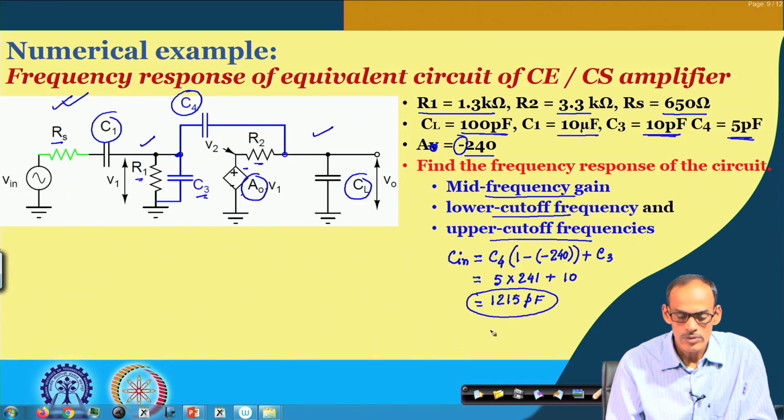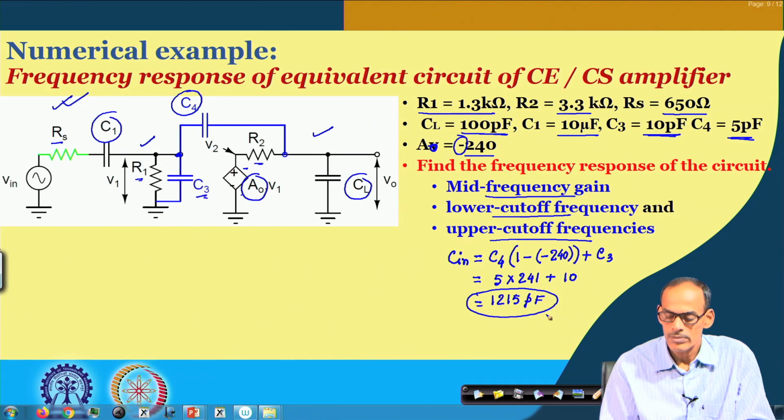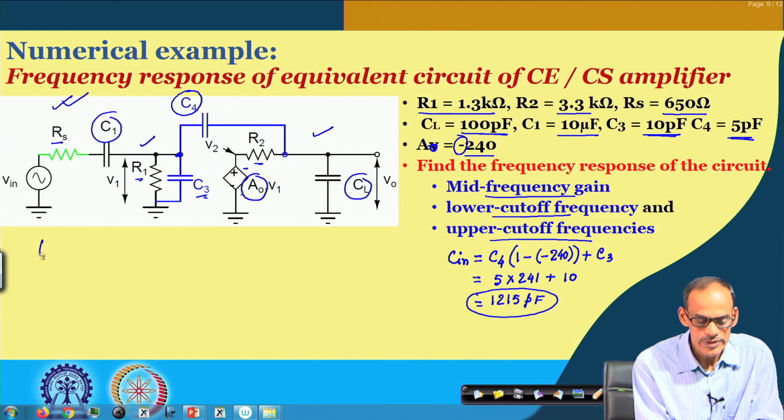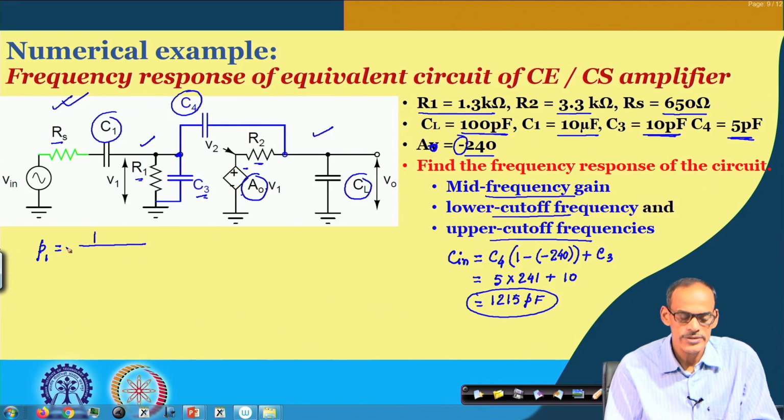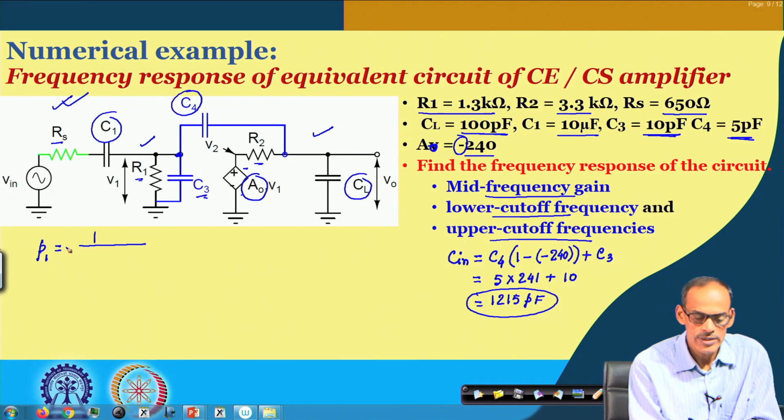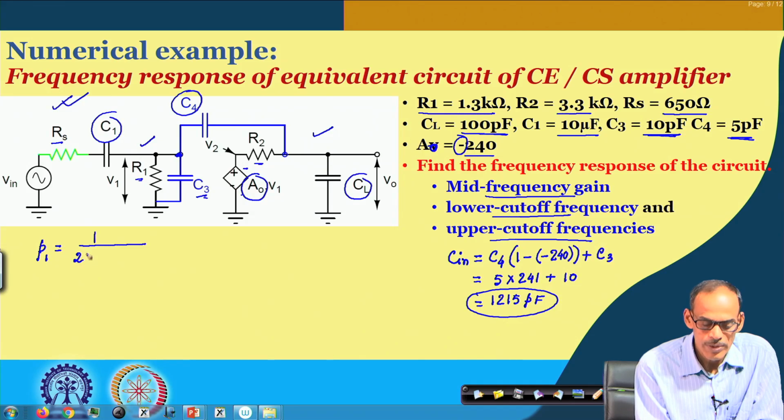With this C in, we can calculate the location of the second pole, and let us calculate the first pole first. So, P 1, if I express this in the unit of hertz, then we have to consider 2 pi.